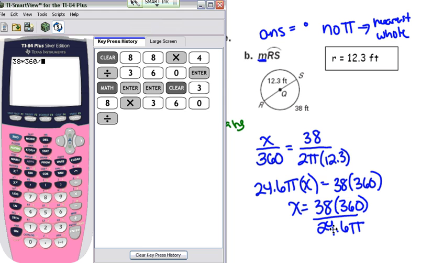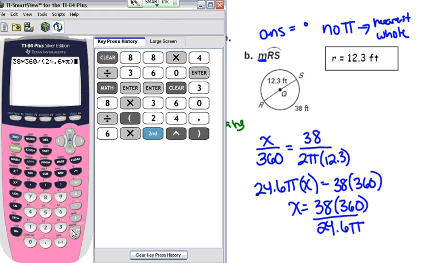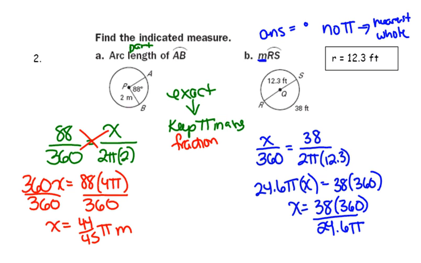So you need to consider whatever happens in the denominator of your fraction to be inside parentheses. So we're going to open some parentheses, and we're going to do 24.6 times pi. And we're going to use the pi button in our calculator. All right, and we hit enter. And we get 177 degrees, right? Which is why it almost looked like it was a diameter, because it was very close to being 180 degrees, but not quite there. So let me write that down, 177 degrees.